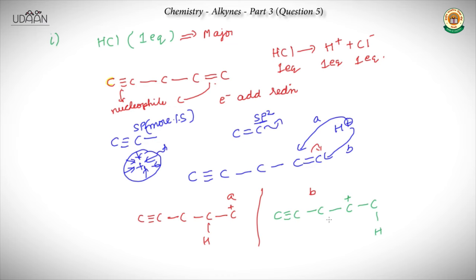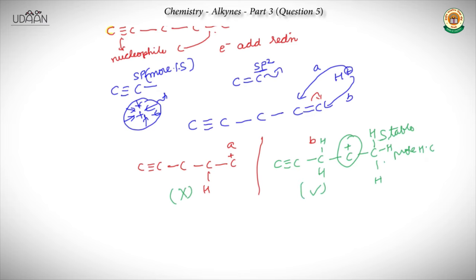Now this is more stable because it has more hyperconjugation forms, which are 3 from here and 2 from here. So this is not formed and this is formed. And Cl minus attacks this carbocation, and you will get C triple bond C, CH2, CH, Cl and CH3. Seems to be a very simple one.